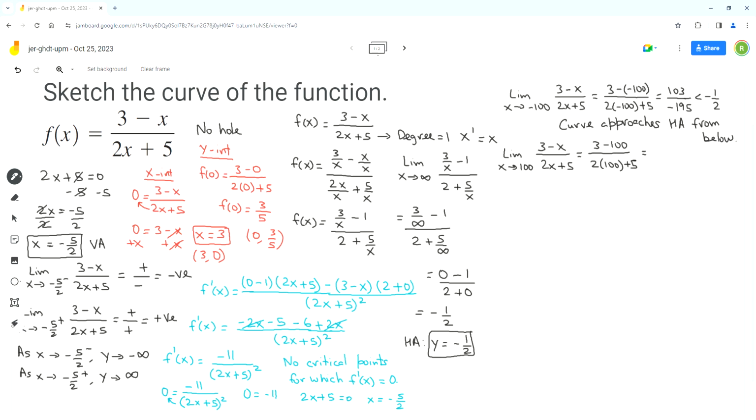In the numerator we get negative 97 and in the denominator we get 205, which is greater than negative 1 over 2. That means the curve approaches the horizontal asymptote from above.